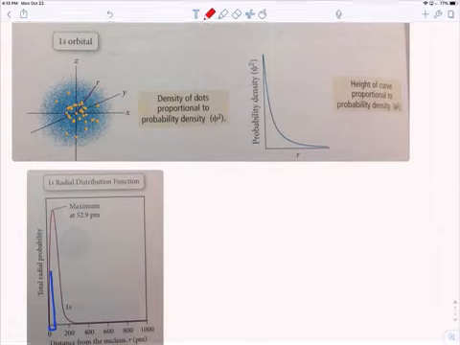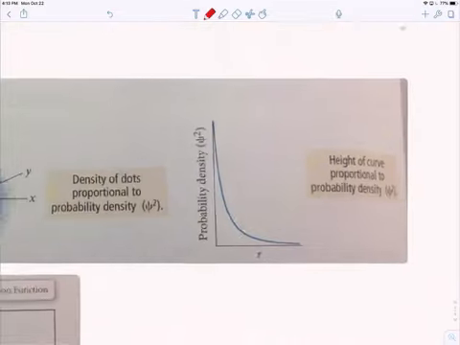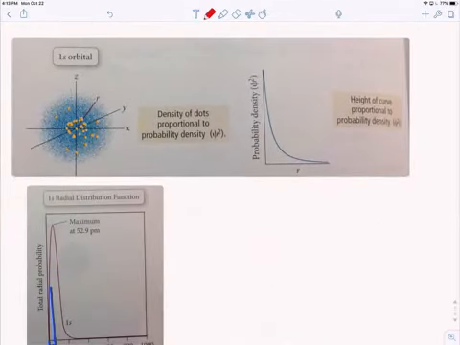So the probability density is this. You have an asymptote, so the probability of an electron being somewhere approaches infinity as you approach the origin. And this is r, distance from the origin in a sphere. Then you can apply what's called the shell model, which means you integrate as a shell.